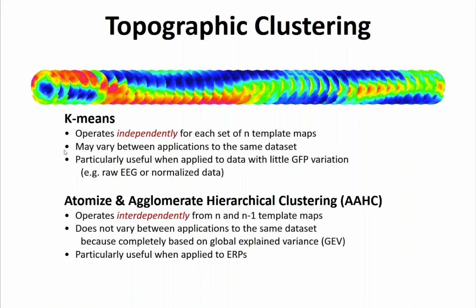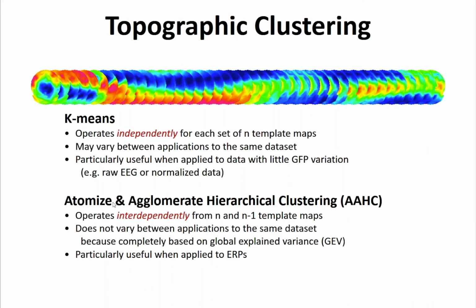hierarchical clustering. The main difference between these two large families of approaches is that k-means operates independently for each set of n template maps, and I'll explain that in just a moment. Therefore, the results can vary slightly between applications to the same data set, and it's particularly useful when you have data with very little variation in global field power.